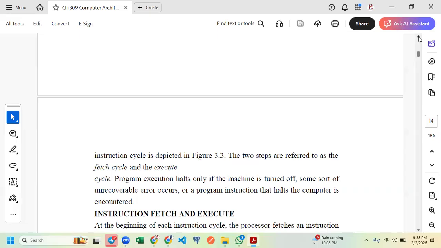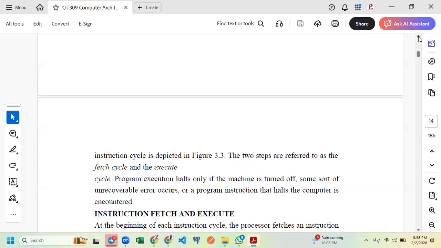CPU components. And we further stated that an instruction cycle consists of the fetch and the execute cycle. That is all the activities that happen from when an instruction is given to a computer to when the particular instruction is executed, right?